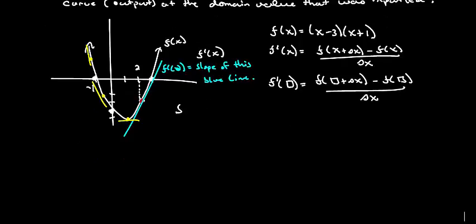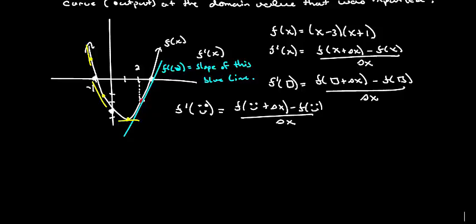If you want to put a smiley face in there, then it's f at smiley face plus a little bit minus f at smiley face over a little bit.